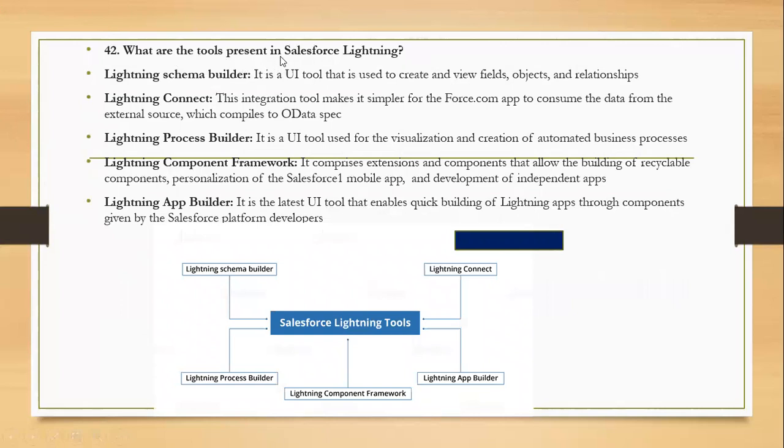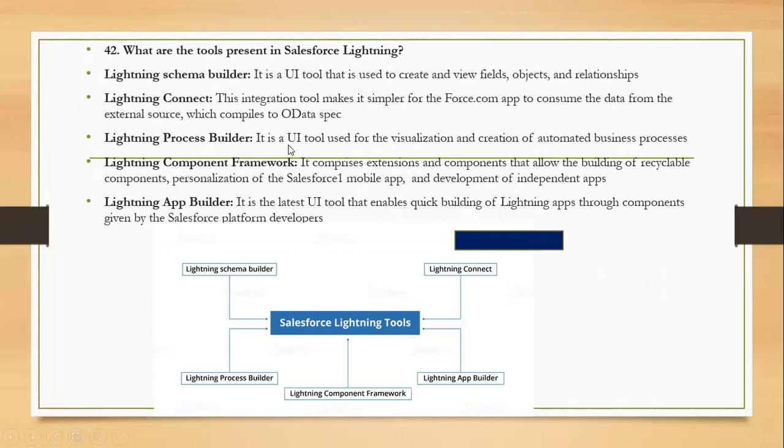Next question. What are the tools present in Salesforce Lightning? Lightning Schema Builder is a UI tool that is used to create and view fields, objects, and relationships. Lightning Connect is an integration tool that makes it simple for the Force.com app to consume data from external sources.